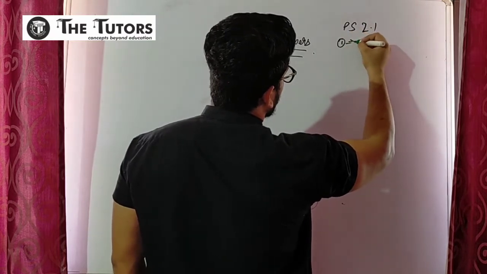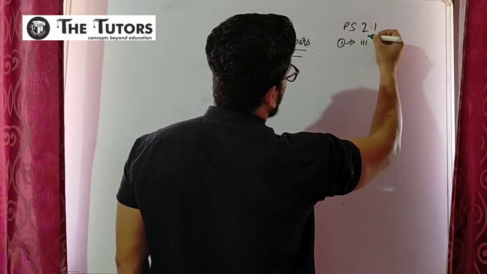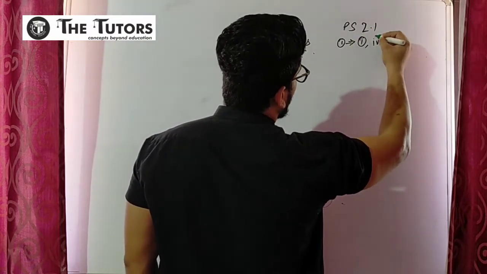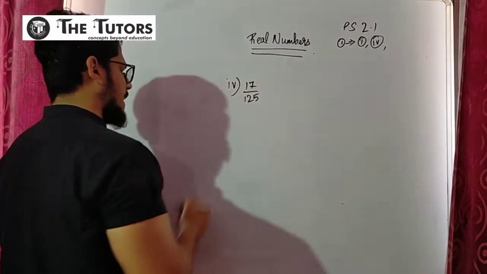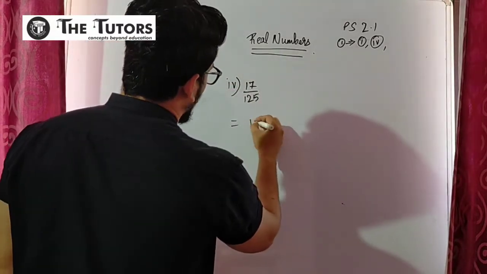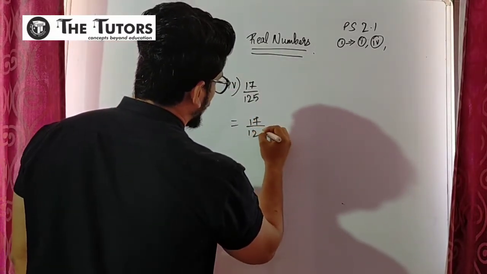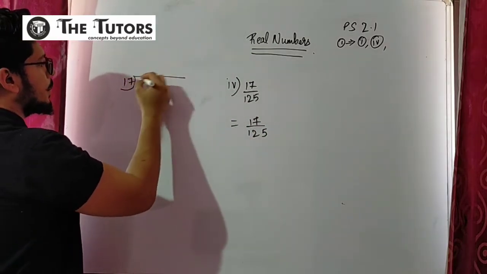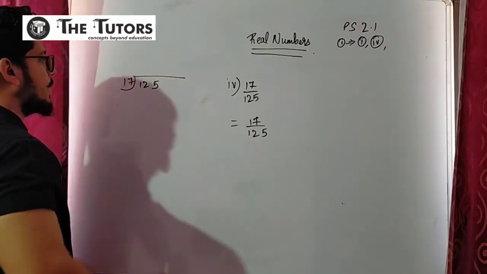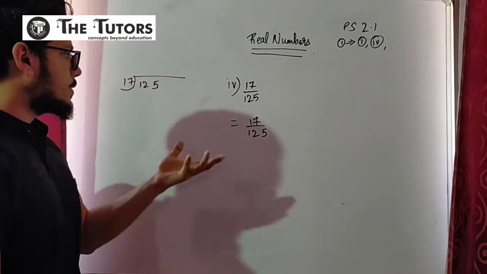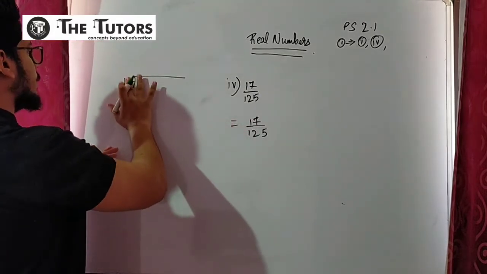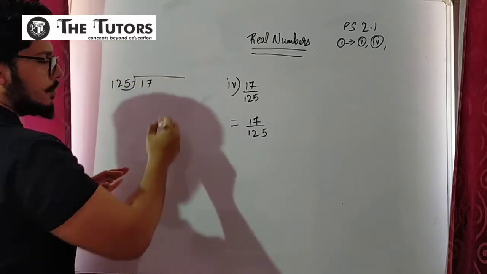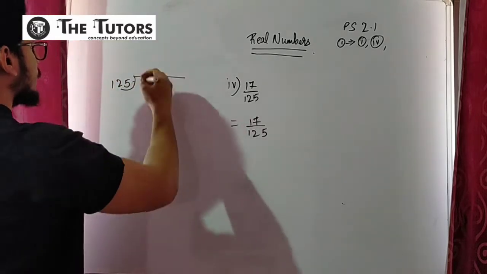First questions, first and fourth. 17 by 125. You might not understand like this. Let's go to the rough column. 17 by 125. Now definitely 17 doesn't come in the table of 125. So first you add some 0.